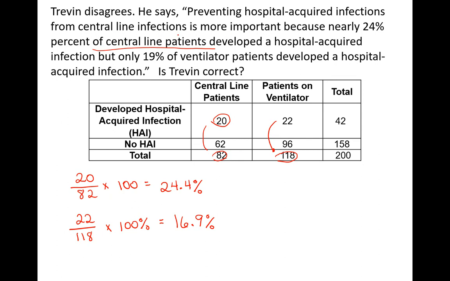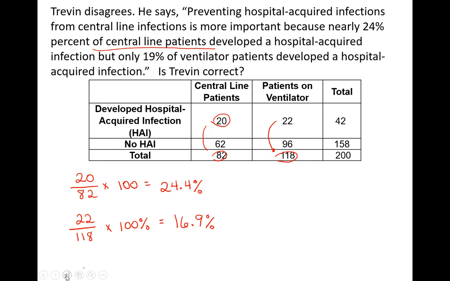He said nearly 24% of central line patients. Well, 20 out of 82 central line patients is a little over 24%. 22 out of 118 ventilator patients. Oh, I mistyped previously. So yes, that's why I didn't get the right answer.